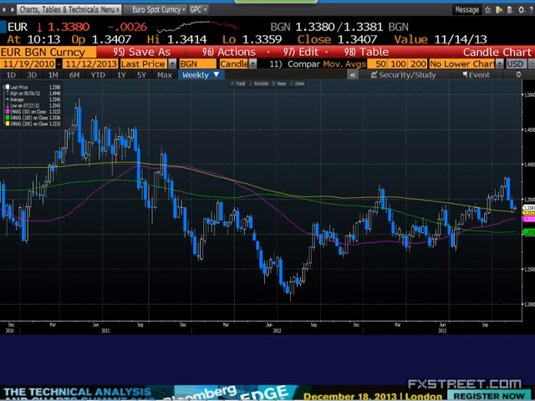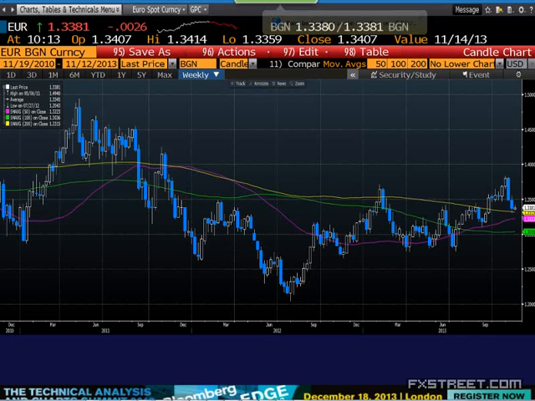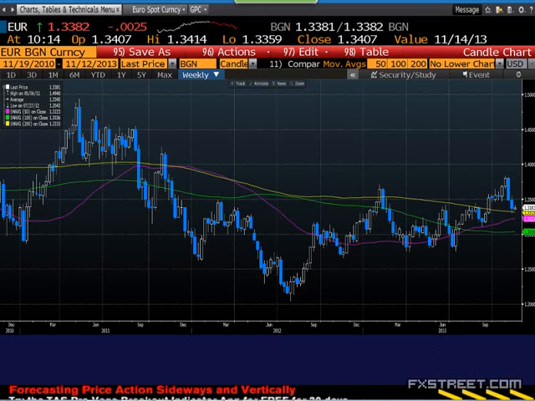What we could see, certainly just ahead of some major data and some major meetings, is a little bit of sideways action. We've already had a very big move, and there are expectations, you can probably just see it just popped up there from Capital Economics, of further bearish moves.